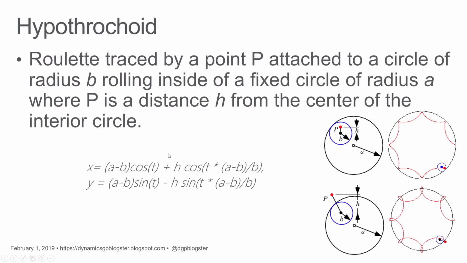Now let's look at the hypertrochoid, which is a little bit more of an involved equation, where you have the value of a minus b times the cosine of t plus h times the cosine of t times a minus b over b. That basically determines the different steps and motions based on those relationships of a, b, h, and certainly t as an angle.